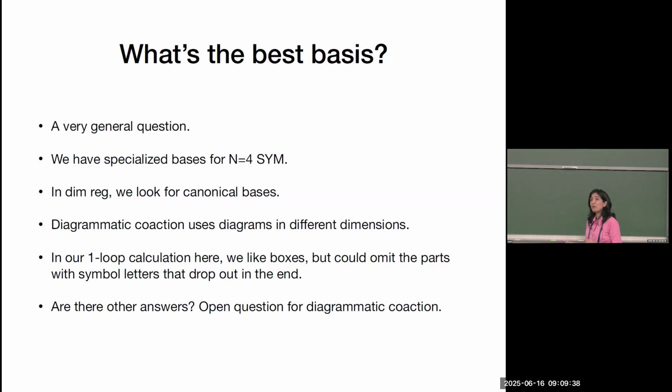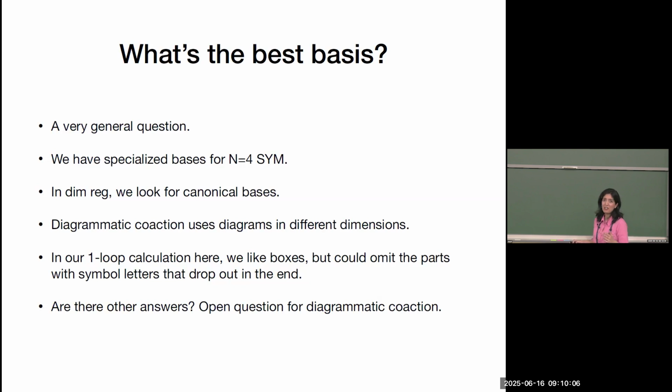In dimensional regularization, a very active area of research now is looking for canonical bases, where they satisfy special differential equations. Our diagrammatic coaction, which we hope to extend more solidly beyond one loop, also uses a somewhat different basis. I was just showing the same boxes, but actually the coaction uses diagrams that are in different dimensions. So even at one loop, it's not the same box basis.